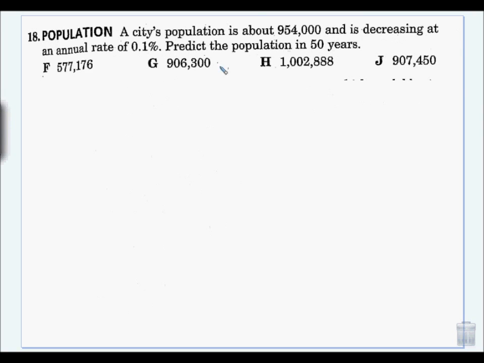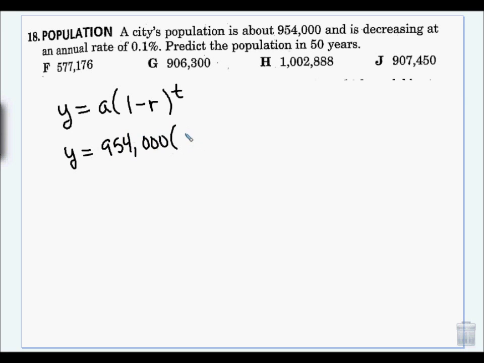Okay, next question. A city's population is about 954,000 and it is decreasing at an annual rate of 0.1%. We want to predict the population in 50 years. Now, if you remember, same formula, but instead of being plus r, it's minus r. One minus, it's 0.1%. So it's actually going to be 0.001. Because I have to move the decimal 2 places.